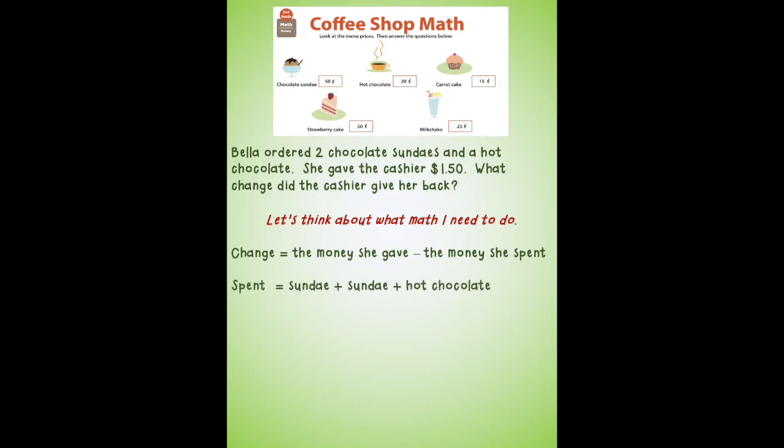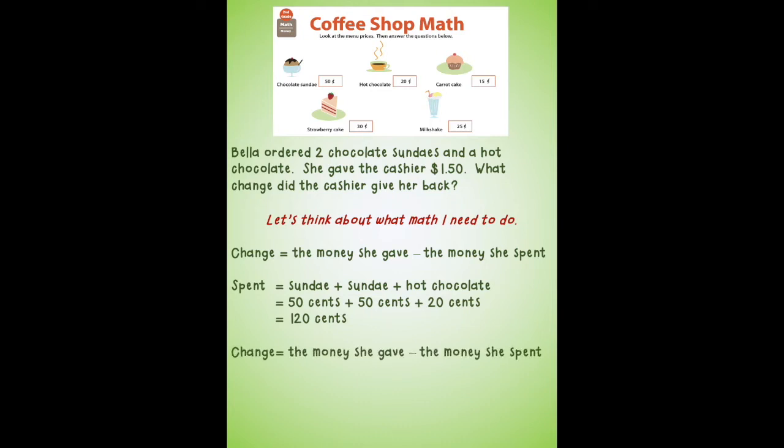Well, they didn't tell us what she spent, so I gotta think about that too. Well, she spent a sundae plus hot chocolate, which is 50 cents plus 50 cents plus 20 cents equals 120 cents. They told me what she gave the cashier, and now I figured out what she spent, so I'm ready to figure out my change.